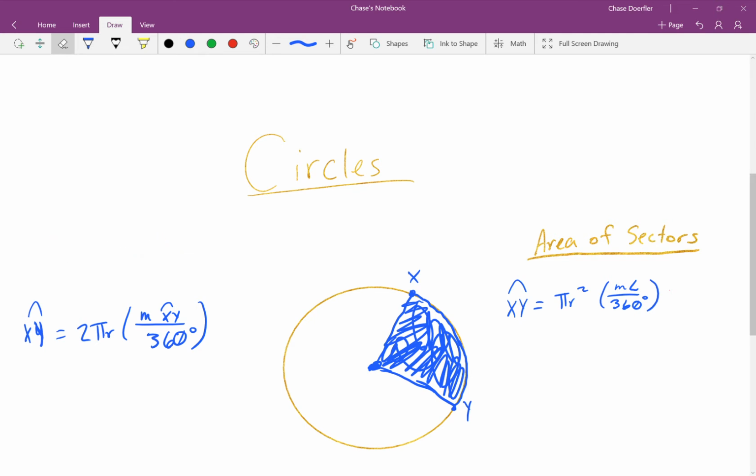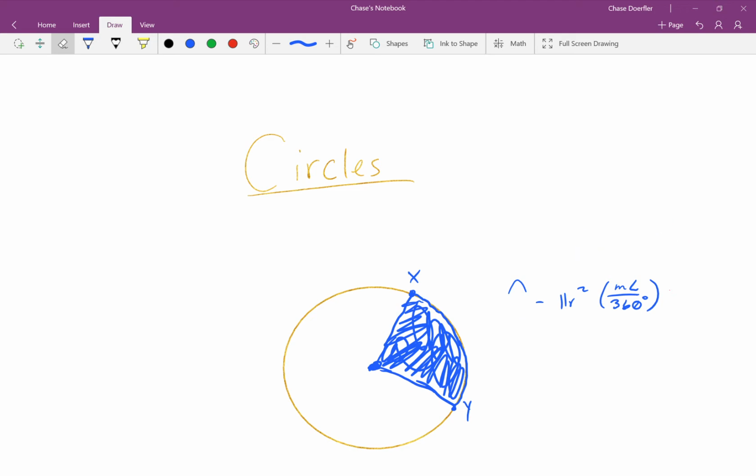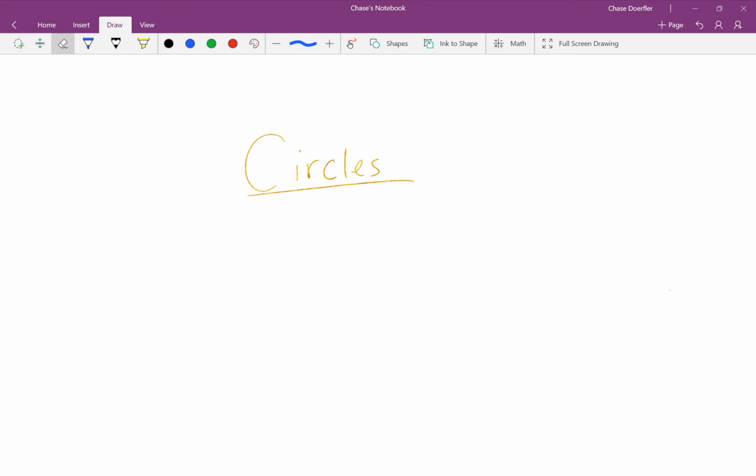And the last things that I want to go over with you are angles. And I will do that after I get some of this off of the screen. I'll draw a new circle, apparently in blue.